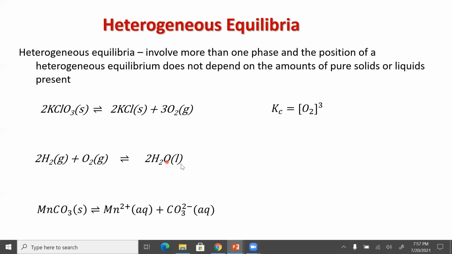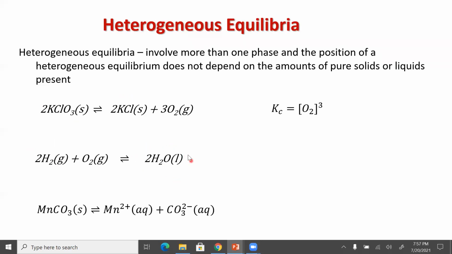The second reaction is a heterogeneous equilibrium. We've got two gases and a liquid. We're going to write the K expression by taking the products over the reactants raised to the power of the coefficient in the balanced equation, but we don't include liquids. Well, this time our product is a liquid.